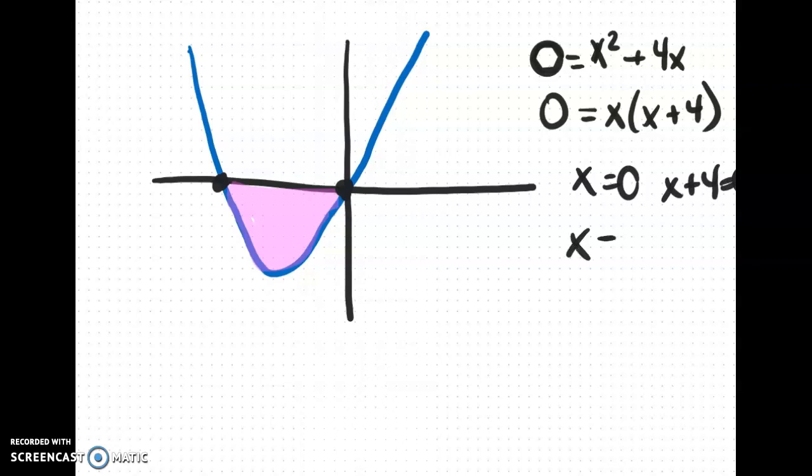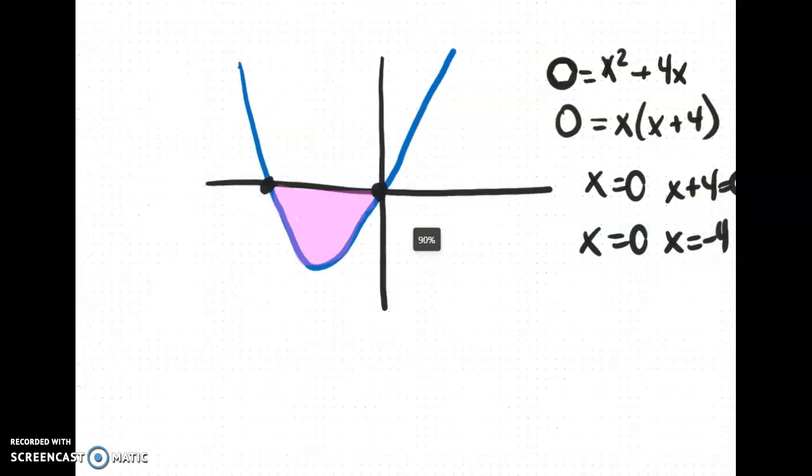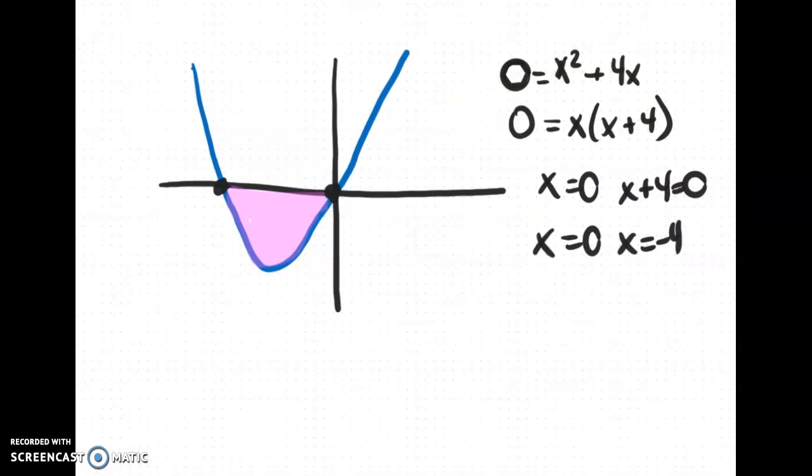So that means x equals 0 or x equals negative 4. And so the points here, this would be negative 4, and this would be 0. So that is my A and B.